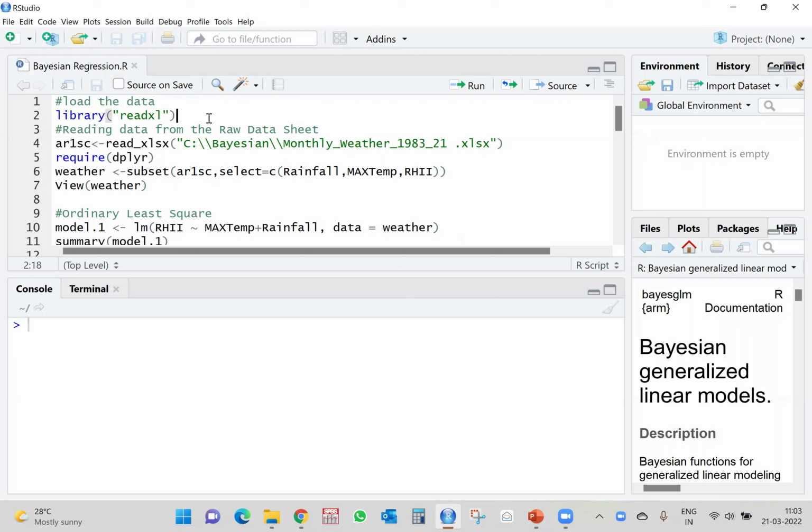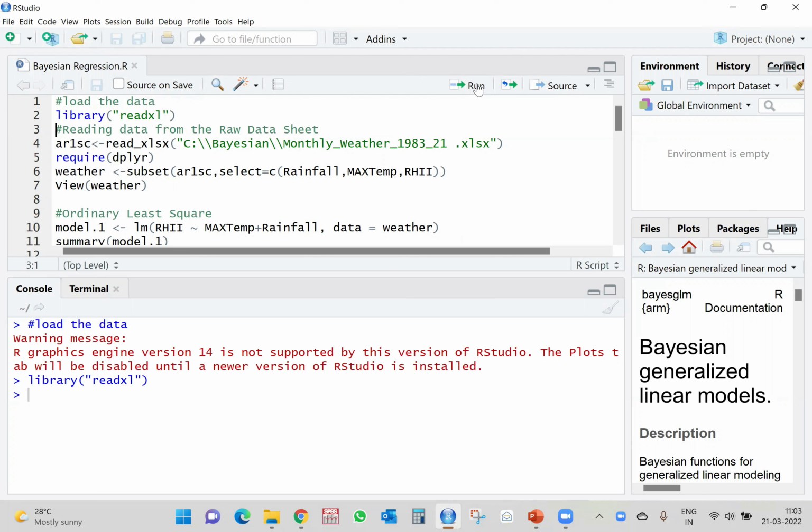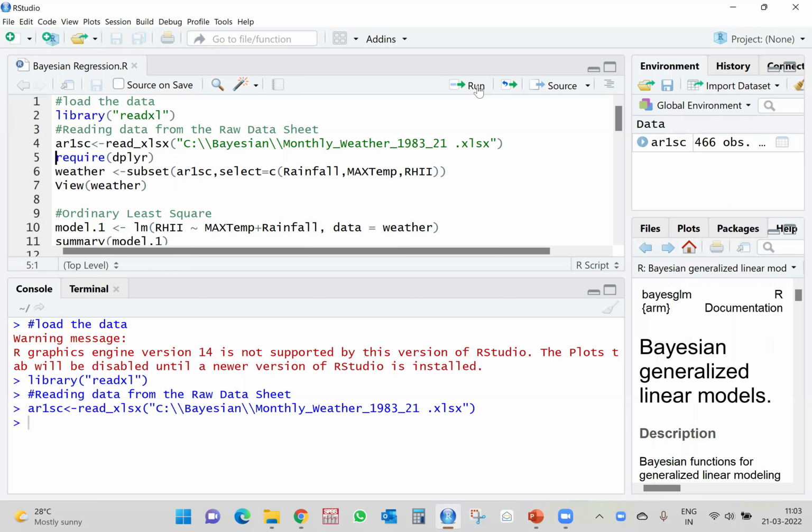For that, we utilize the readxl package, and the data is available on the C drive, and we get the data into R. The data is on weather variables, many of them, for a period of 38 years, 1983 to 2021, monthly averages. So there are 466 values.